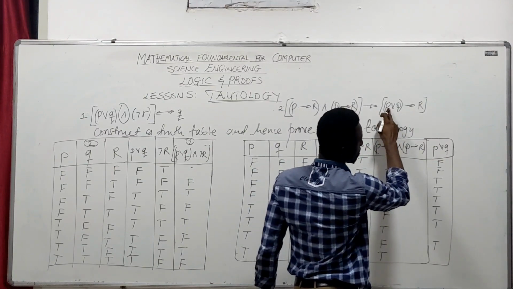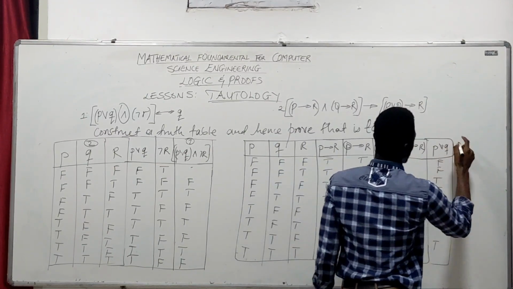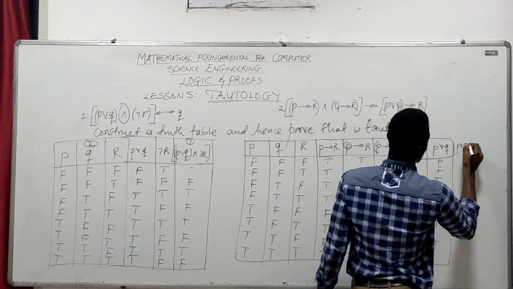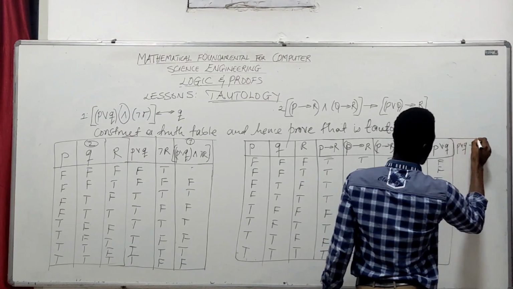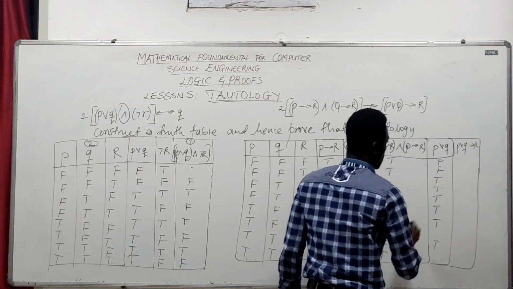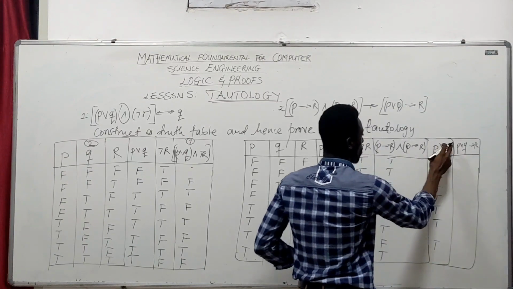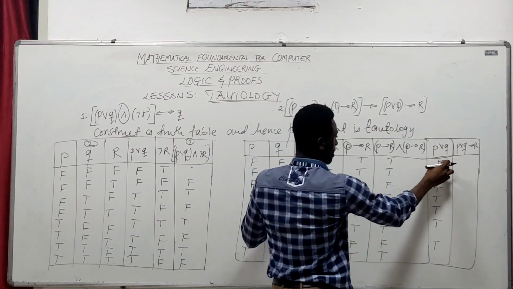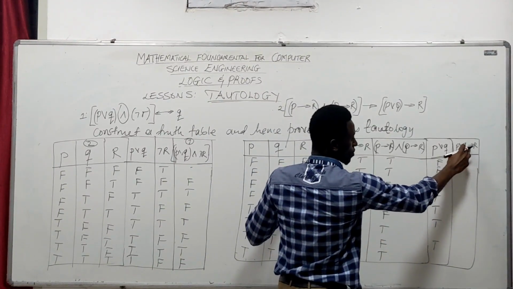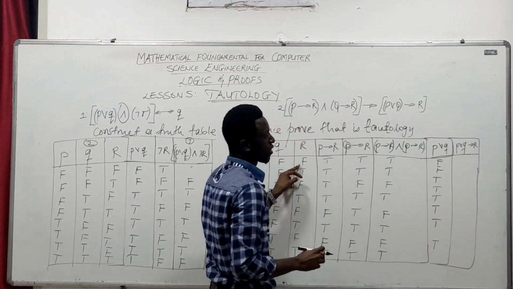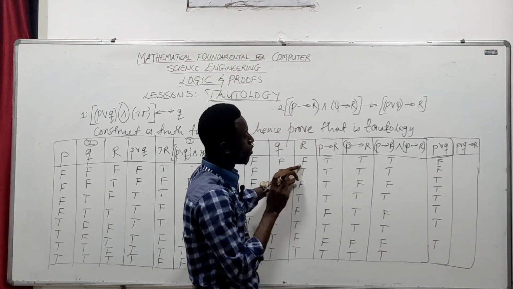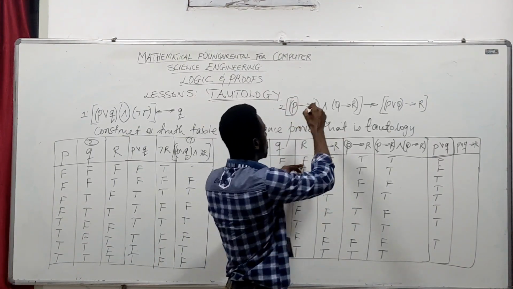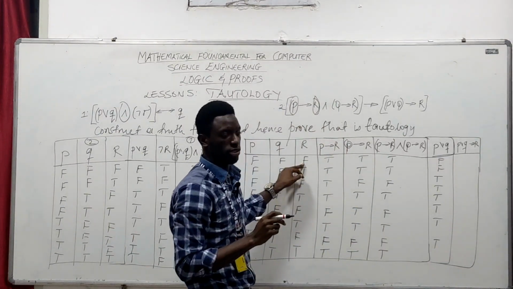Now this: P or Q implies R. Here is R, and this is our P or Q. For the implication, the conditional can only be false if the antecedent is true and the consequence or the conclusion is false.